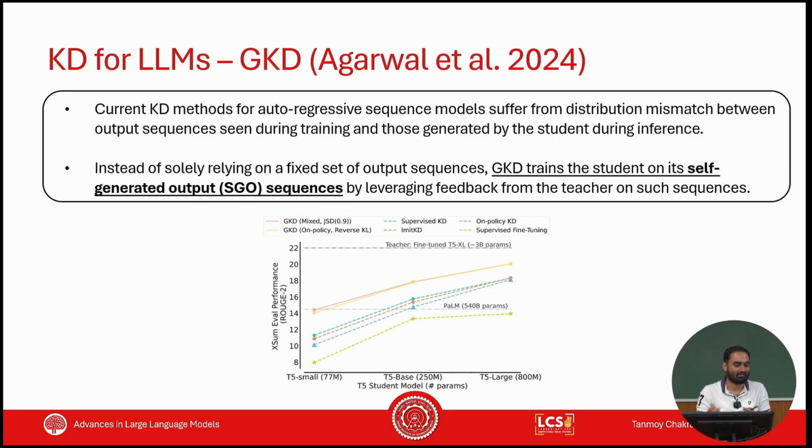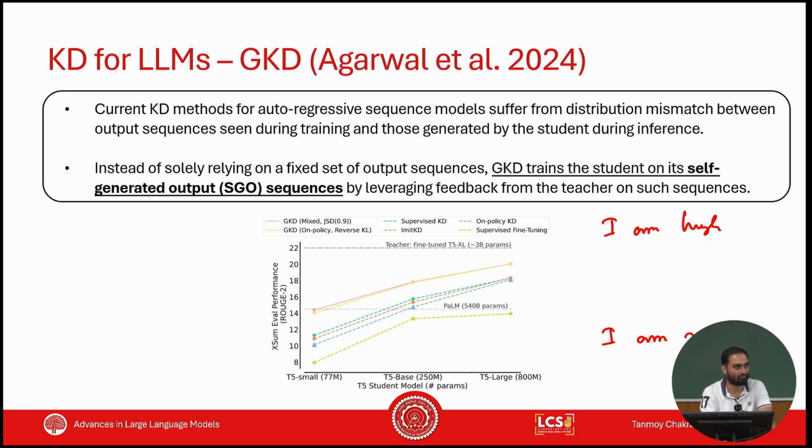So it means that let's say the ground truth is I am hungry, right? And the student model generates I am rich. Okay.